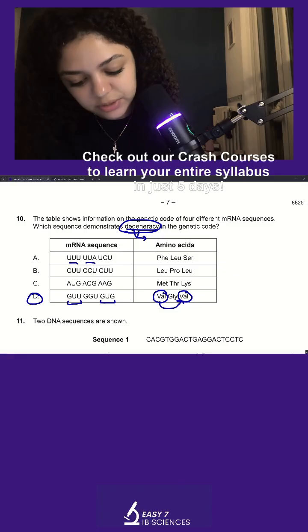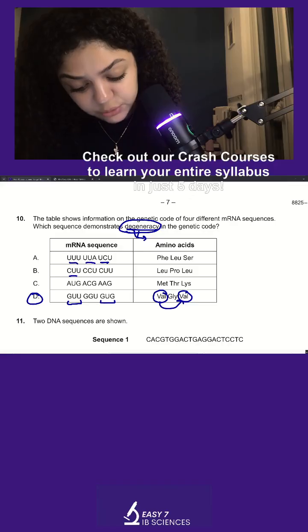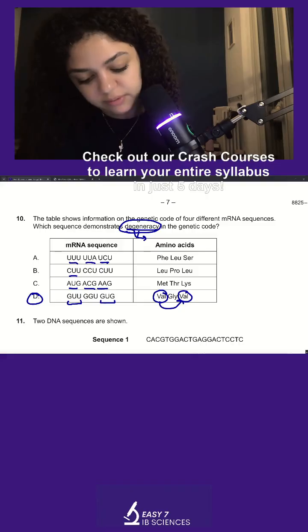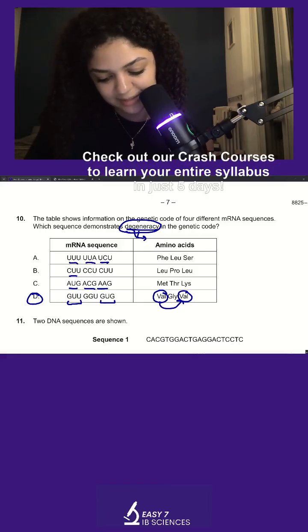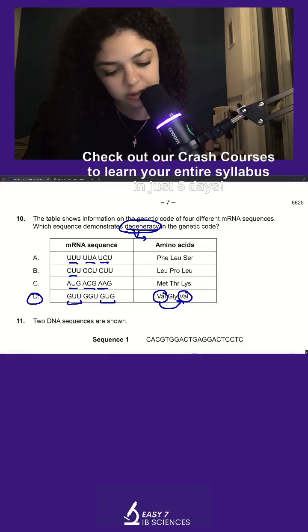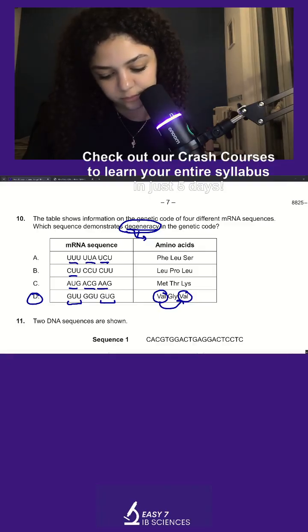The reason why all of these are incorrect is because you don't have two essentially here, here, here, and here coding for that same amino acid. Does that make sense, guys? I'm trying to have a look at why B is wrong. GUG.